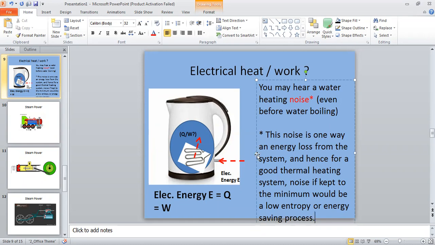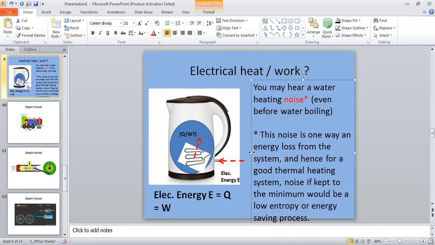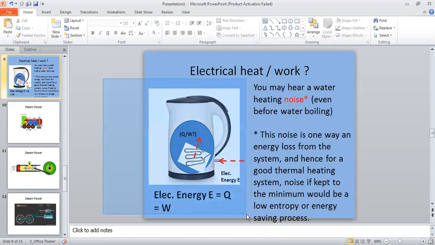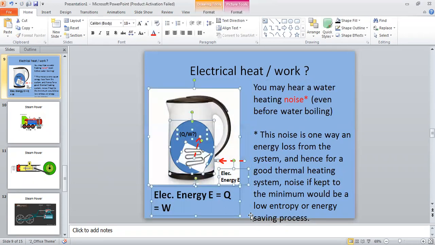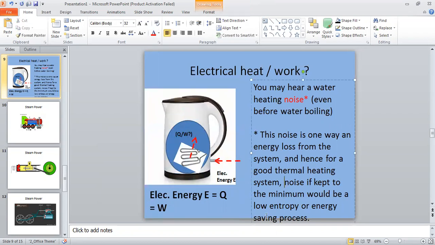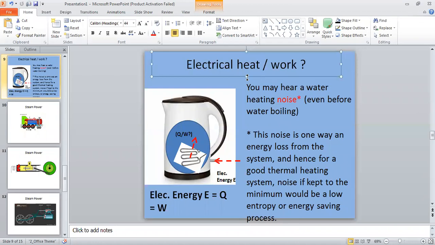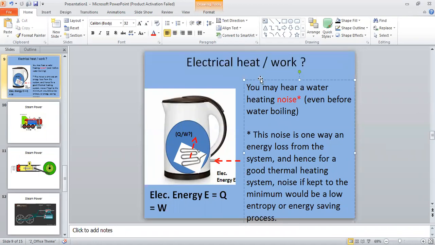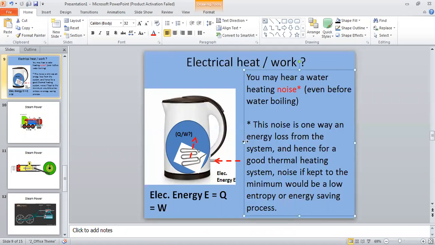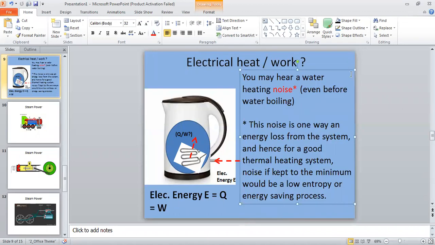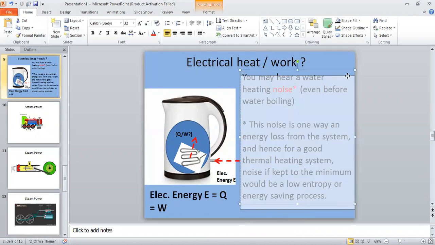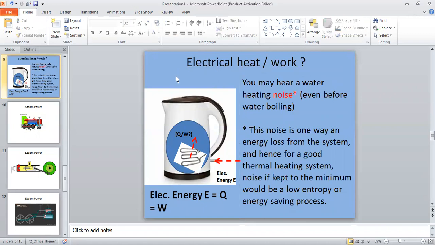Yes. You feel noise is very good because it shows that it's really boiling. But anyway, I don't know whether what I wrote here is okay or not, but noise is energy transmitting out from the system. So it's a loss. But still we have to have energized water, and that energy should not come out.